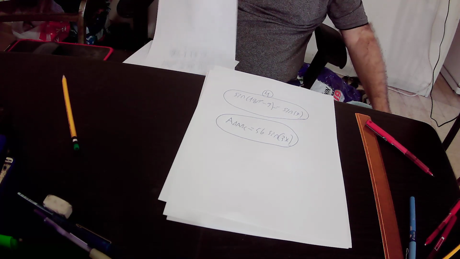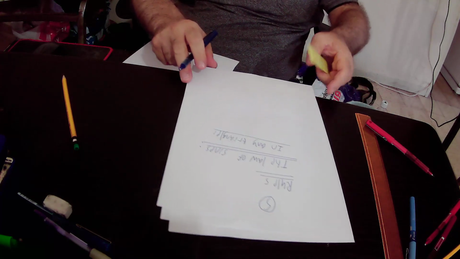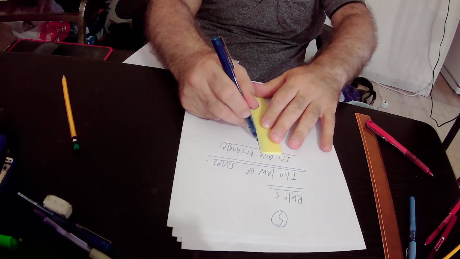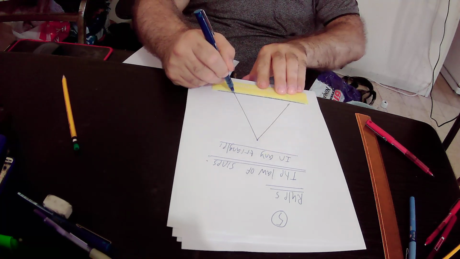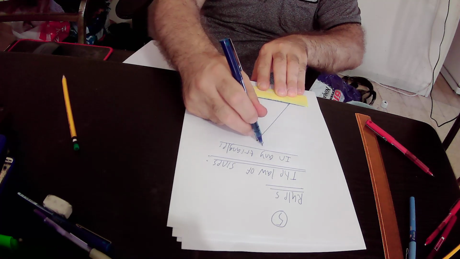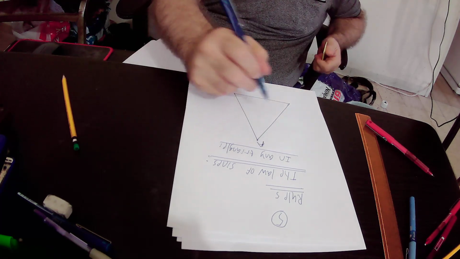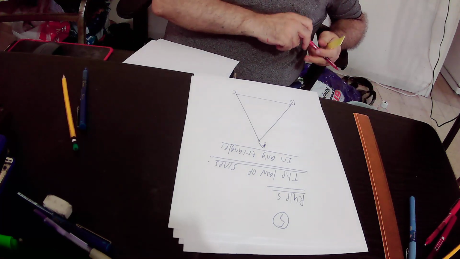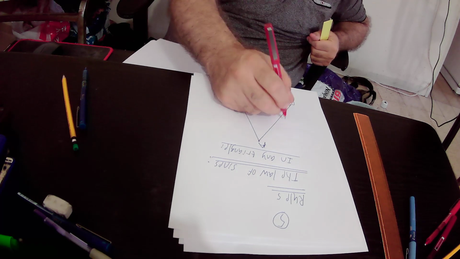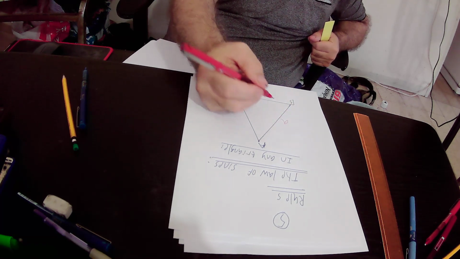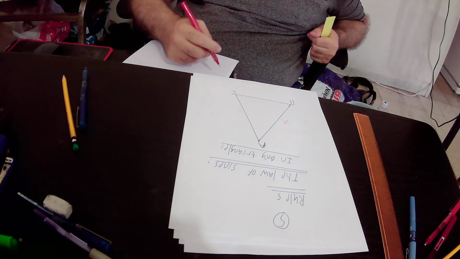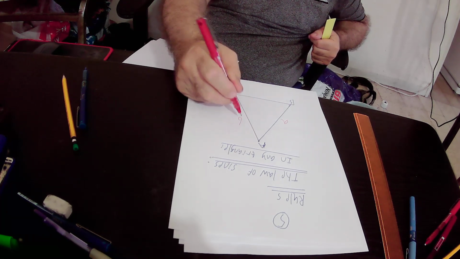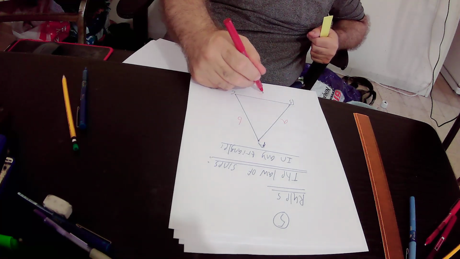So if we have triangle ABC that is not necessarily our triangle but any other triangle, and we know that the size of side AB of triangle ABC is A units, the size of side AC equals B units, and the size of side BC equals C units.